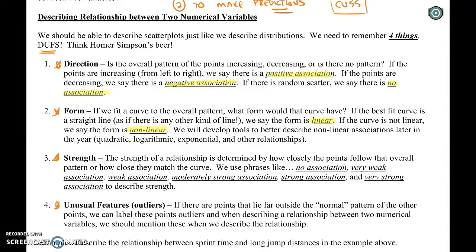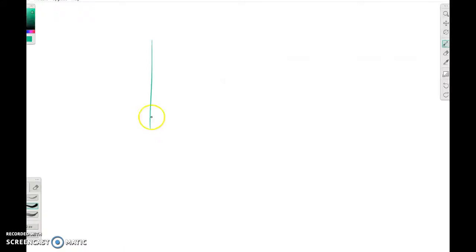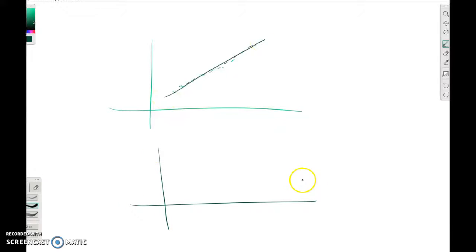Strength. The last one is to determine how closely the points follow that overall pattern, or how close they match the curve. If you had a relationship like this, where there's very little deviation from that best fit line, that would be a very, very strong relationship. If you have a lot of scatter about the best fit line, then it would be a weaker relationship.